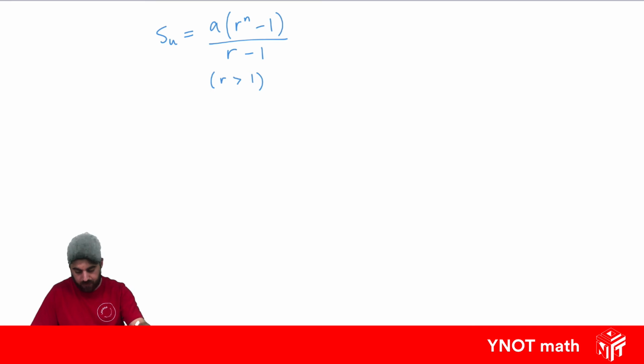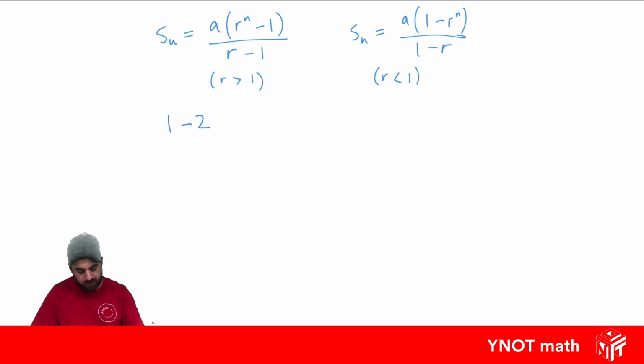Or if r is less than 1, we can use this formula where the sum of the first n terms is going to be a outside of 1 minus r to the n over 1 minus r. So again, where a is our first term, r is our common ratio, and n is the number of terms we need to sum. Let's have a look at a series.